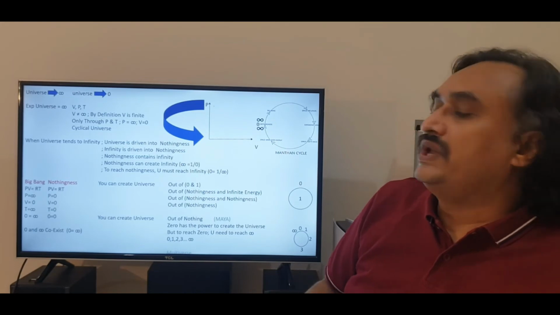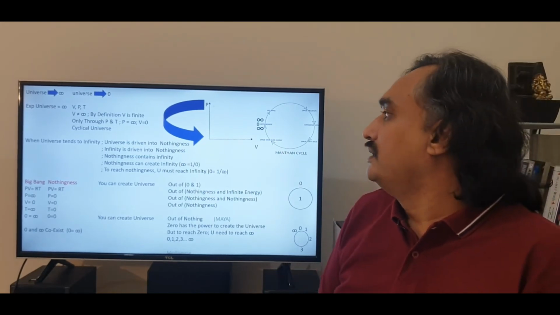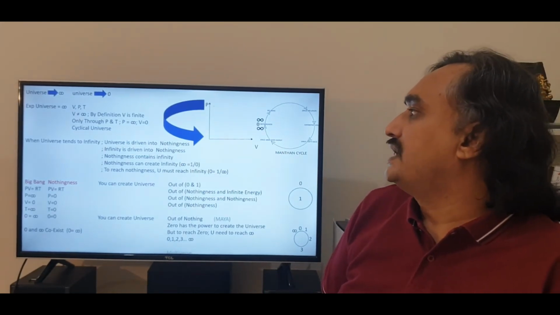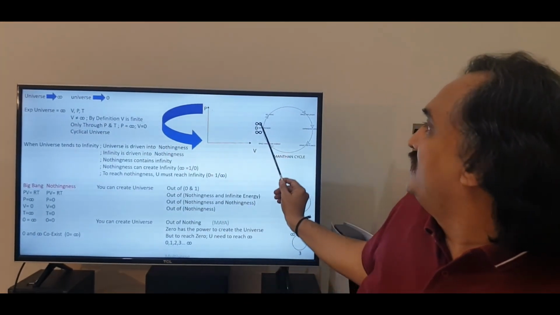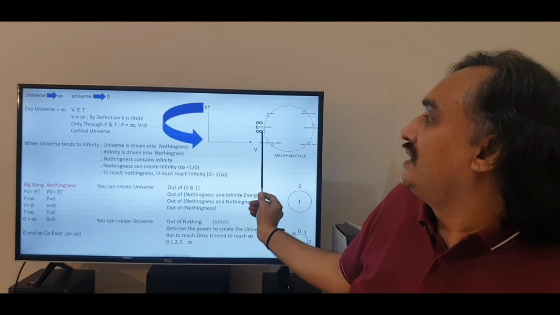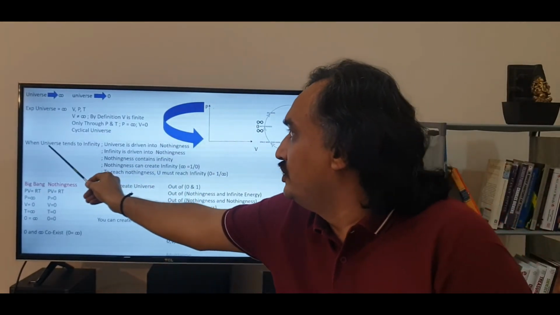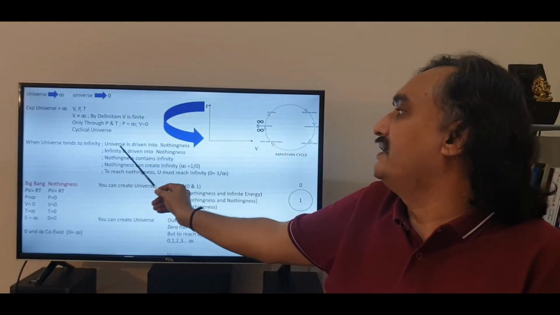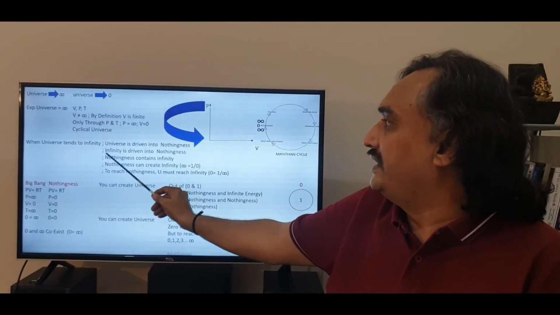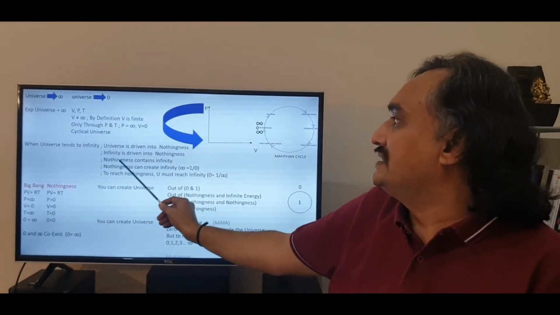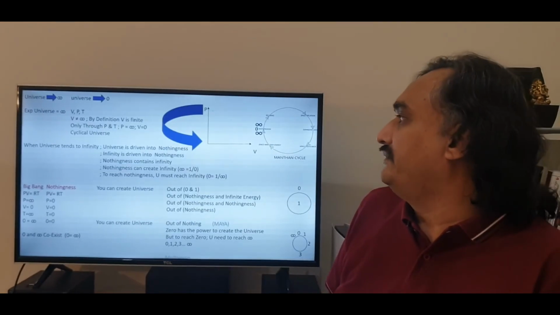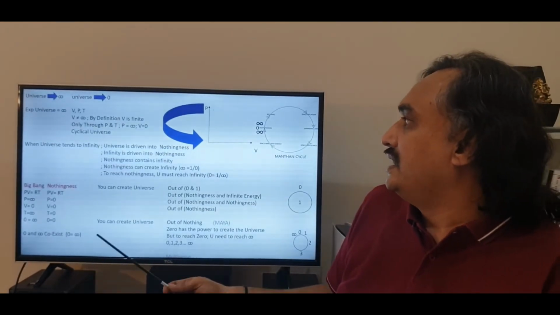So we can put it in simple terms that when universe tends to infinity, universe is driven into nothingness. And we are obviously saying that the universe tends to infinity, so I can replace universe with infinity, which means when universe is driven into nothingness, infinity is driven into nothingness.